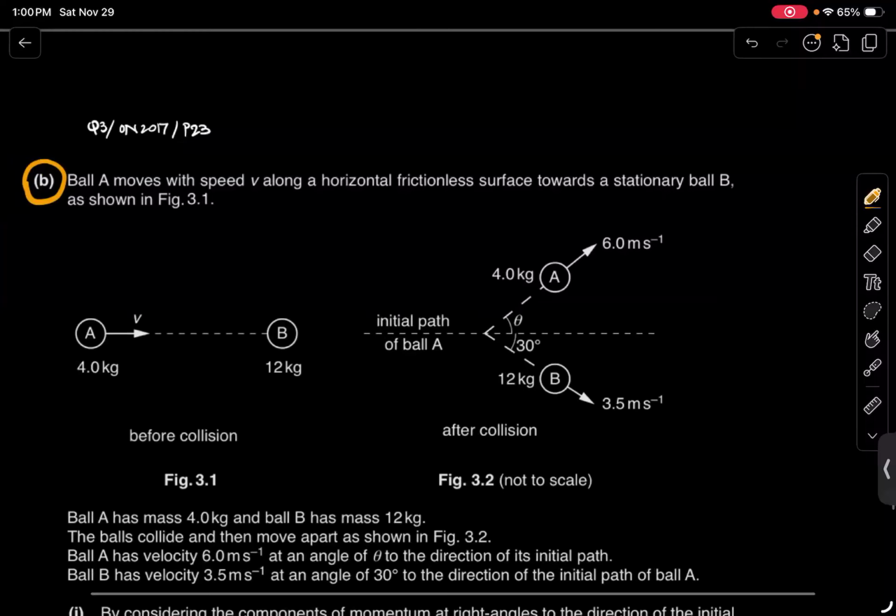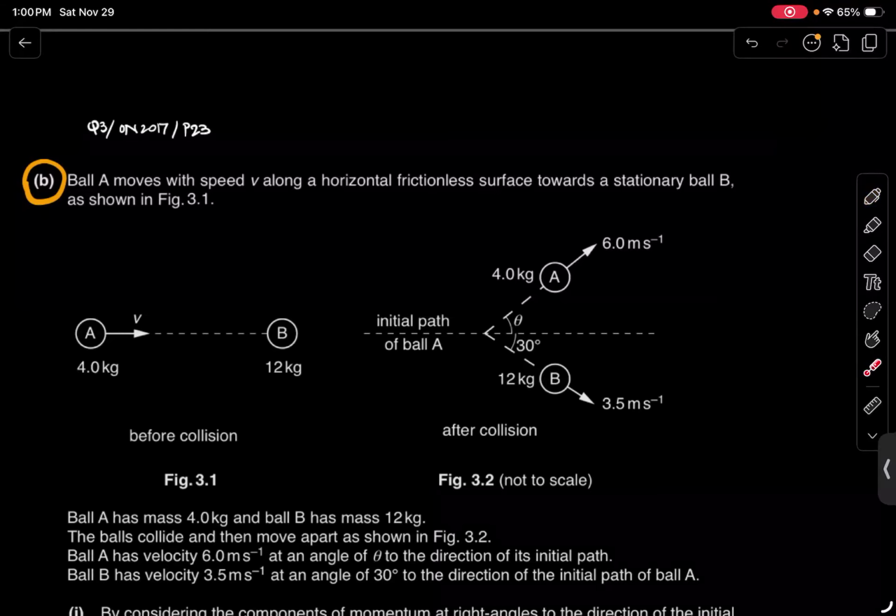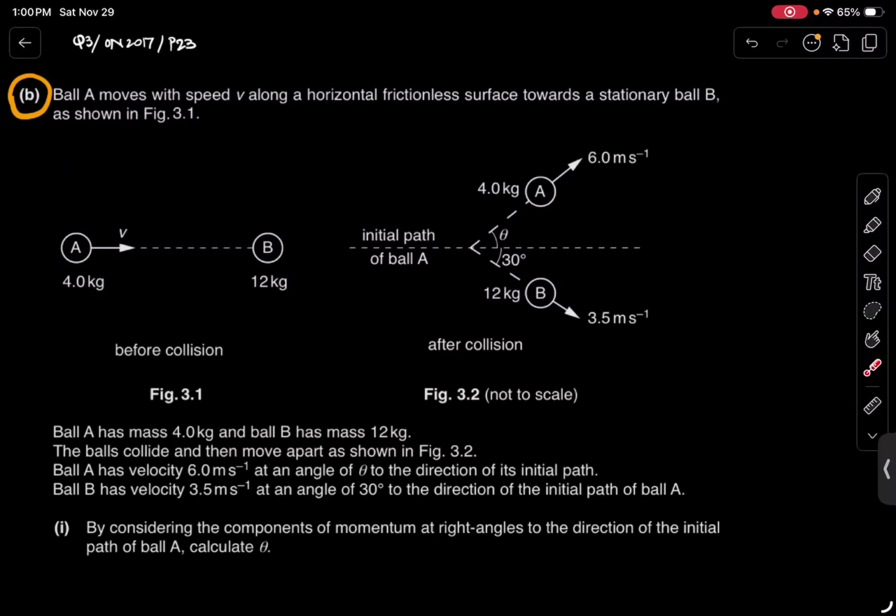Now, ball A moves with the speed v along a horizontal frictionless surface towards a stationary ball B, as shown in figure 3.1. Then they collide, and both ball A and B move in opposite directions, right? This one moves towards this side, and this moves in this side.